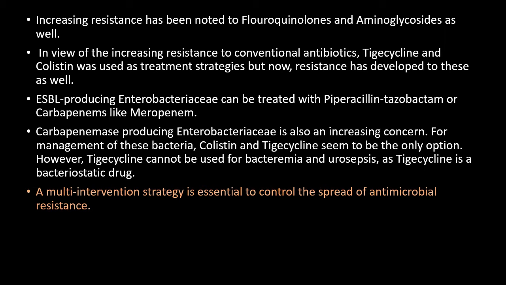You use second line, but if there is resistance to both, then you go for other options. In recent years, tigecycline and colistin were used in combination to treat these, but now bacteria have gained resistance to these as well.